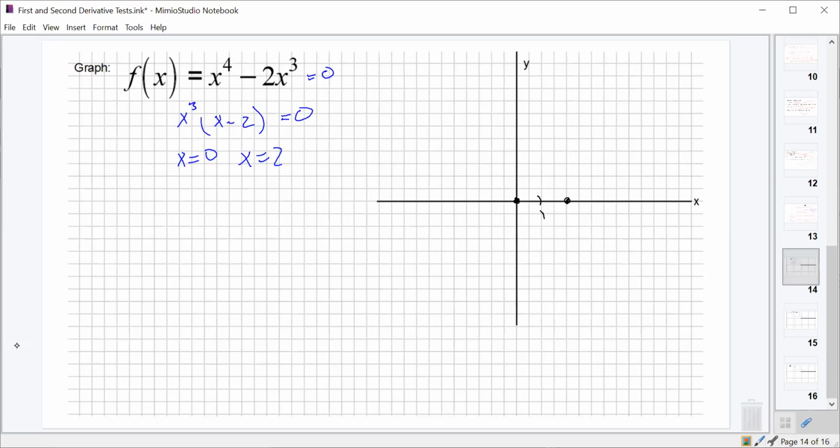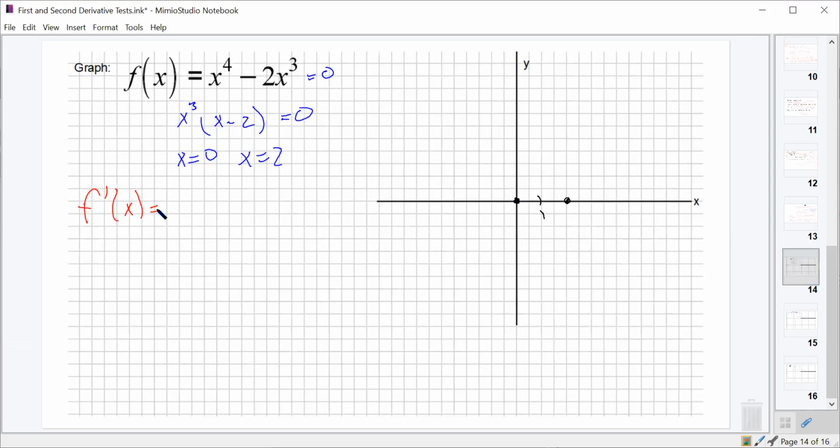How many Y-intercepts can a function have? 1. So we've already got 1, right? It's 0, so we don't need to bother looking for a Y-intercept. So now we'll find a first derivative.